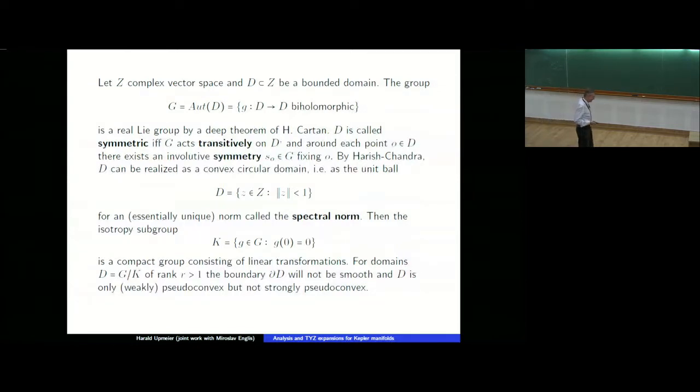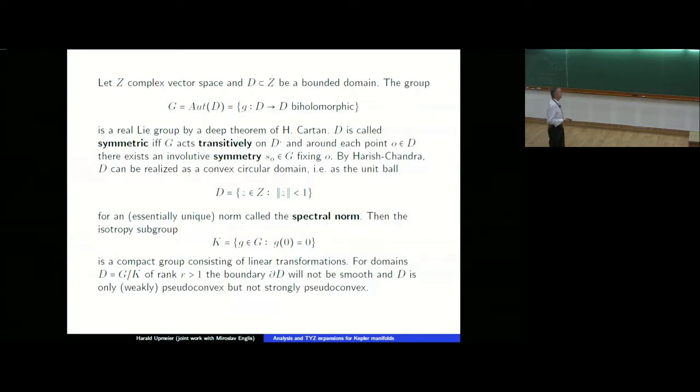So let us introduce Hermitian symmetric domains in more detail. We really need the fine structure of Hermitian symmetric spaces. So capital Z will again be a complex vector space, as always in my talk. And D will be any bounded domain to begin with.